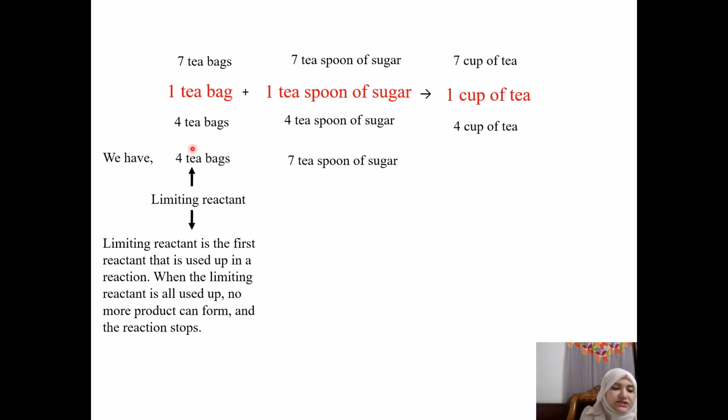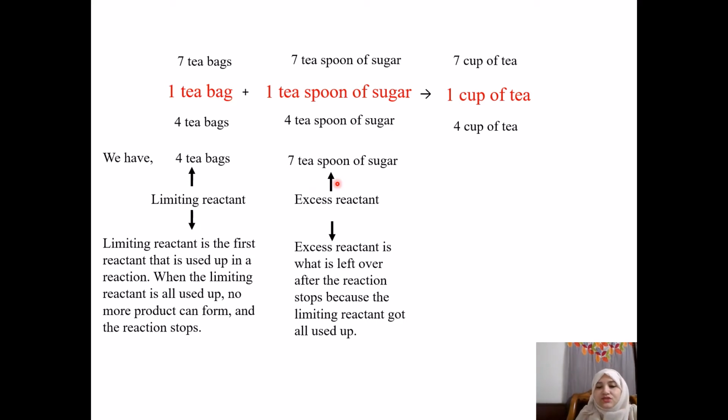And after finishing the tea bags, we still have some extra sugar. We only use 4 teaspoons of sugar, and we still have some extra teaspoons of sugar left over in our ingredients, and this is known as the excess reactant.